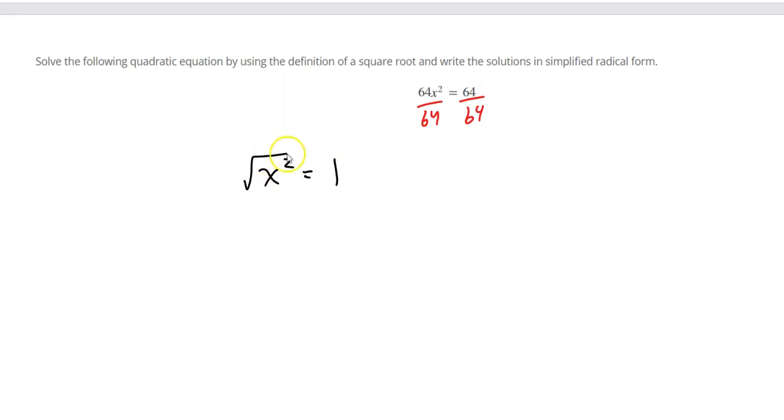Well, now we're going to take the square root of both sides, knowing that whenever we take the square root of this side, we need to have a plus or minus. So whenever we do that, that's going to just turn into x equals plus or minus 1, which you could write as x equals negative 1 and x equals 1.